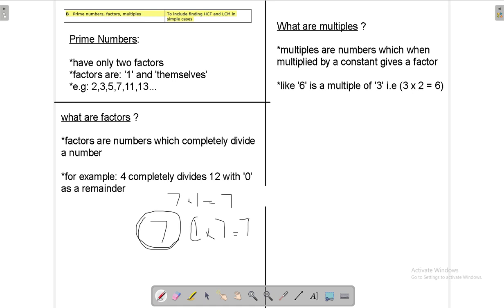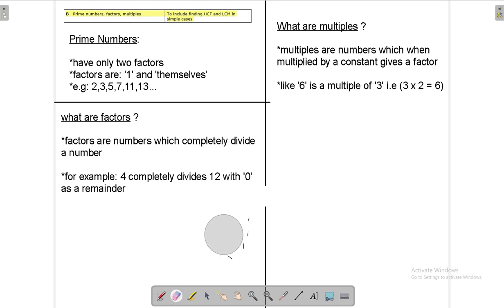So this 1 and 7 are the factors of this number, and these are called the prime factors as well.